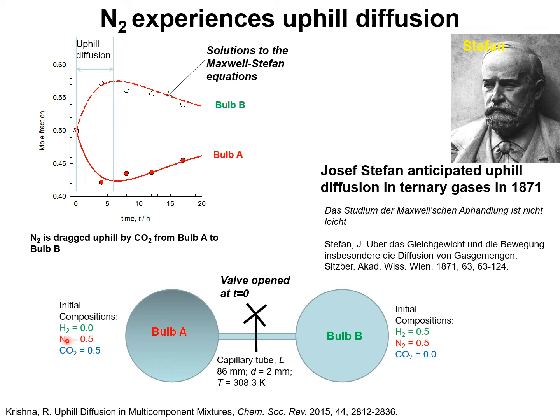The drag between nitrogen and carbon dioxide, which is 1 divided by the Maxwell-Stefan diffusivity D23, is large, and therefore the friction between nitrogen and carbon dioxide has the effect of dragging nitrogen from bulb A to bulb B.